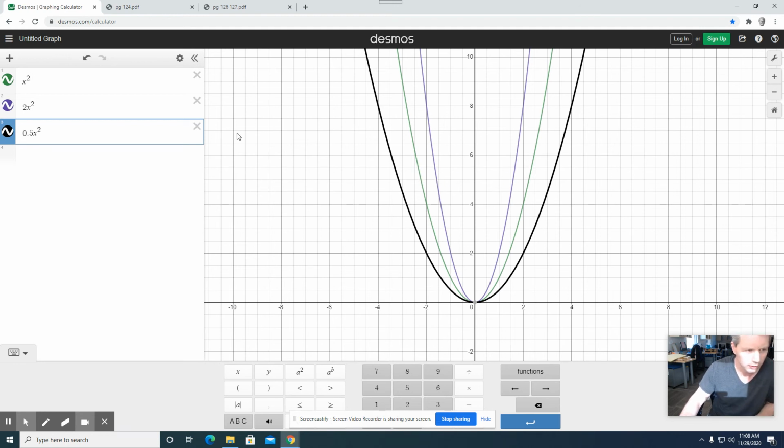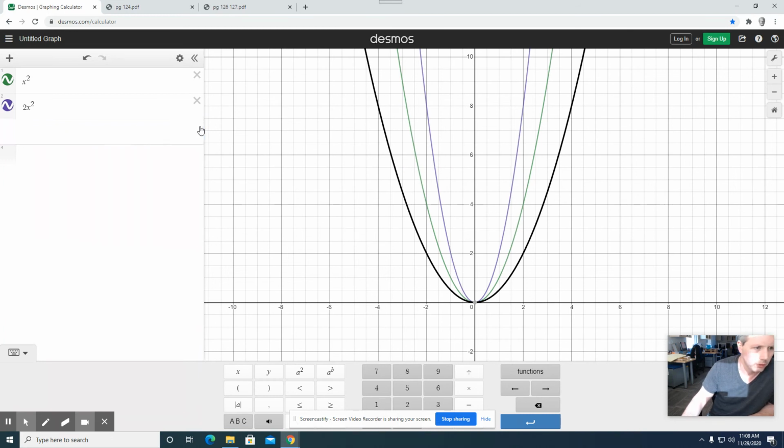This purple function here is 2x squared, and 0.5x squared is this one here. So it compresses vertically if the constant you're multiplying your function by is between 0 and 1. If it is 1 or greater than 1, then it is stretched vertically, as you have right here.